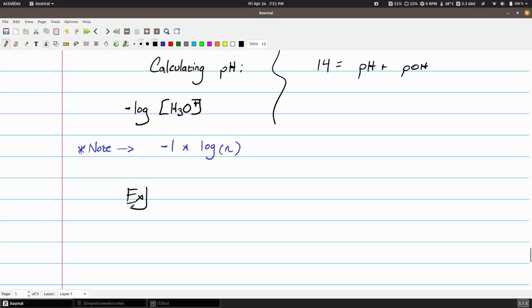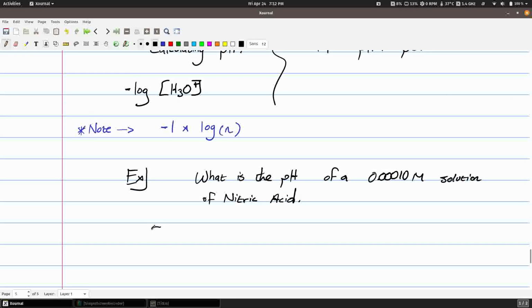We have, what is the pH of a 0.00010 molar solution of nitric acid? This is going to give you an idea of how strong this stuff is, because you'll see what I'm talking about.